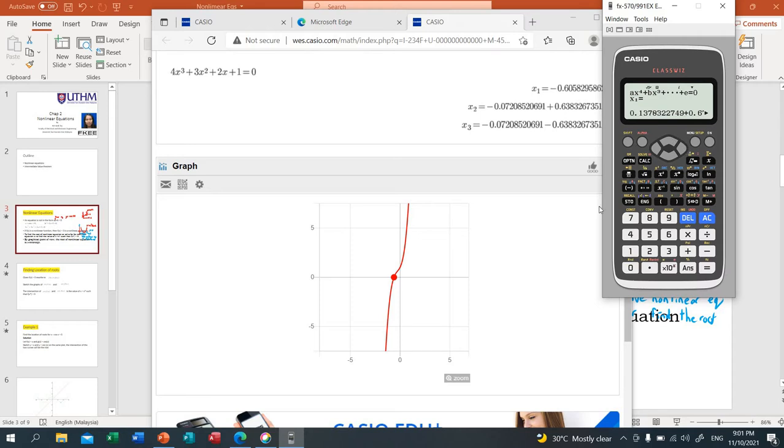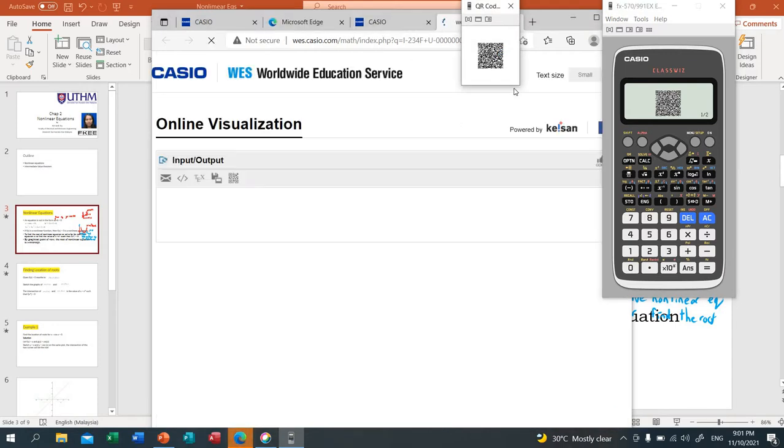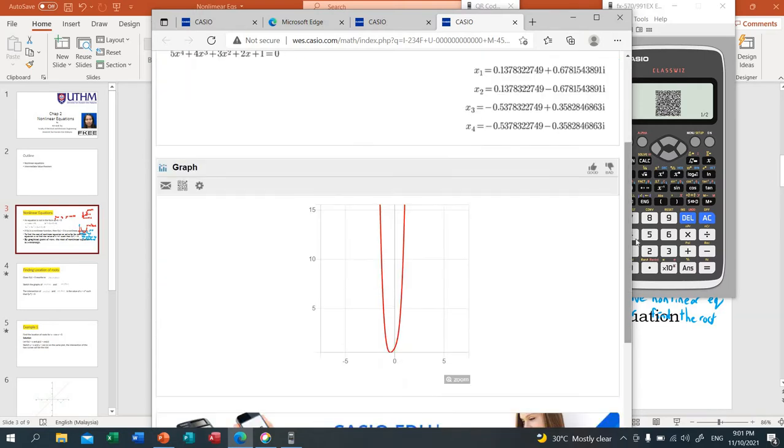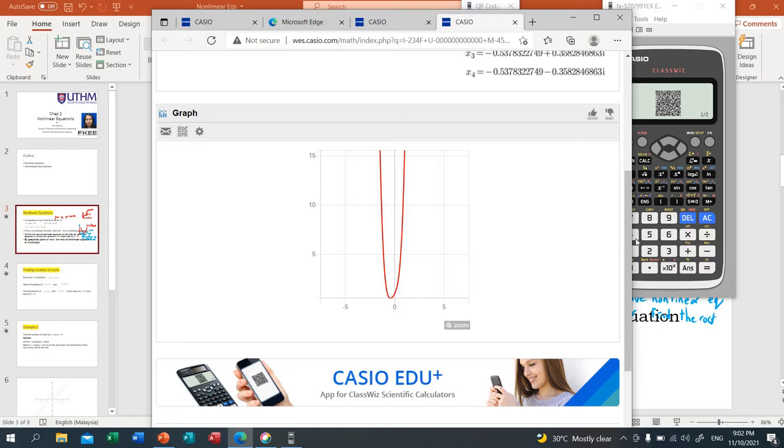That's why the graph won't touch the x-intercept. All are complex, so we won't see any x-intercept.